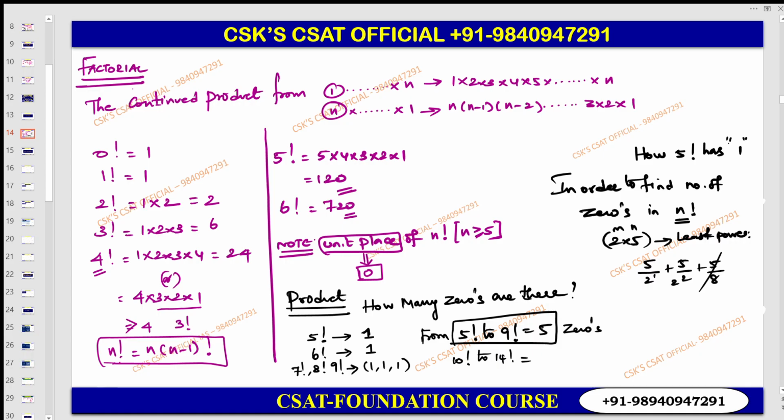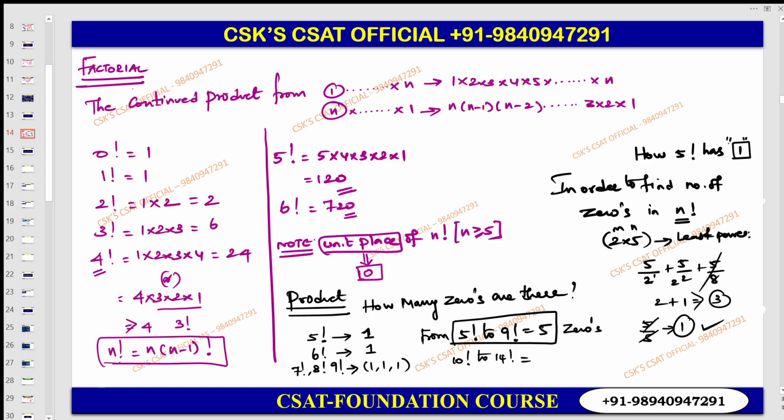How many 2's are there? Here 1, here 2, 3. Such 2's are there. How many 5's are there? Only 1. So that is why 5 factorial has only 1 zero.